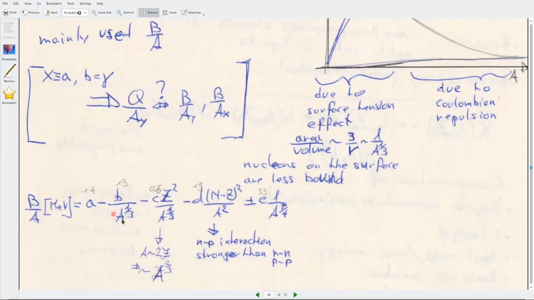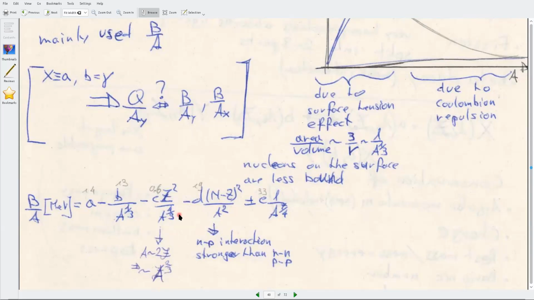And here you can see the part for the tension effect, that is the inverse of the radius, so area over volume, r to the 1/3. This part is the Coulombian.